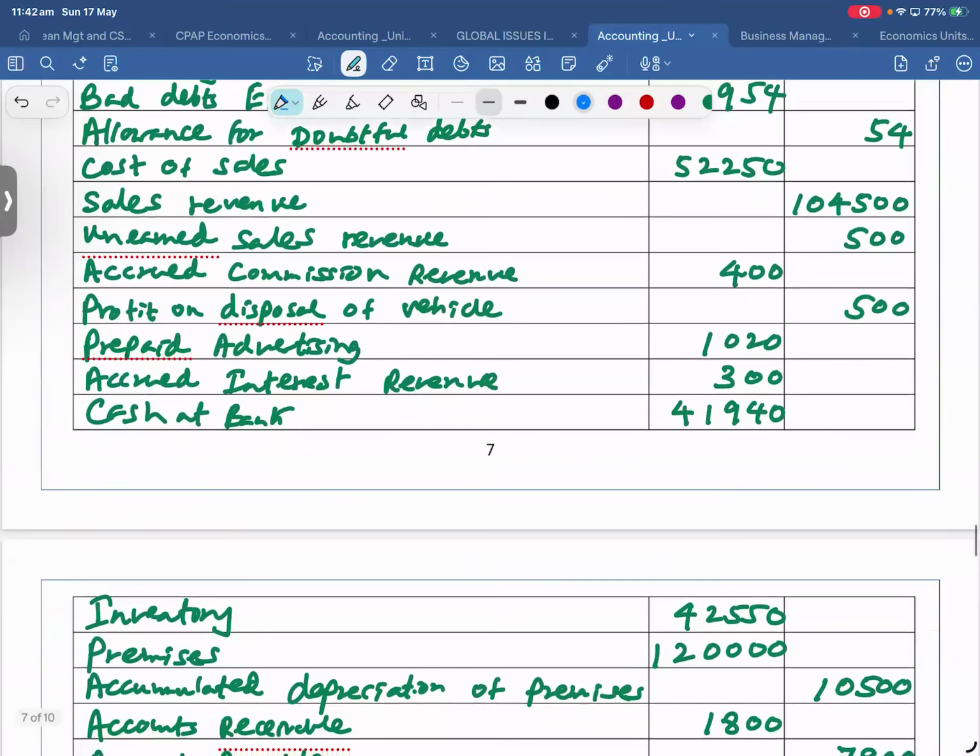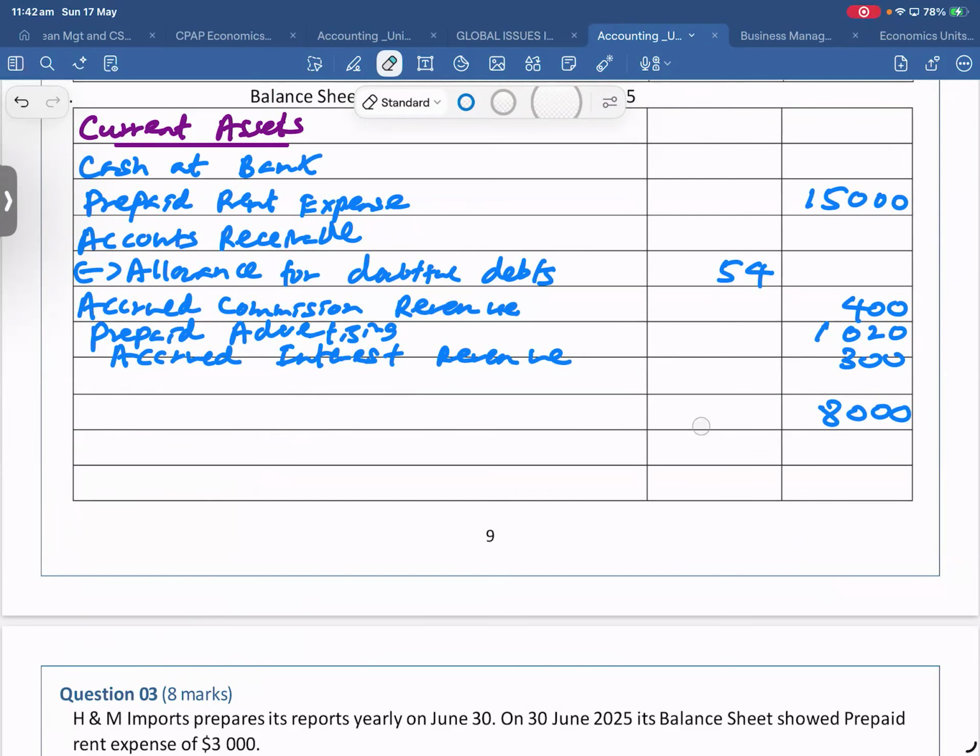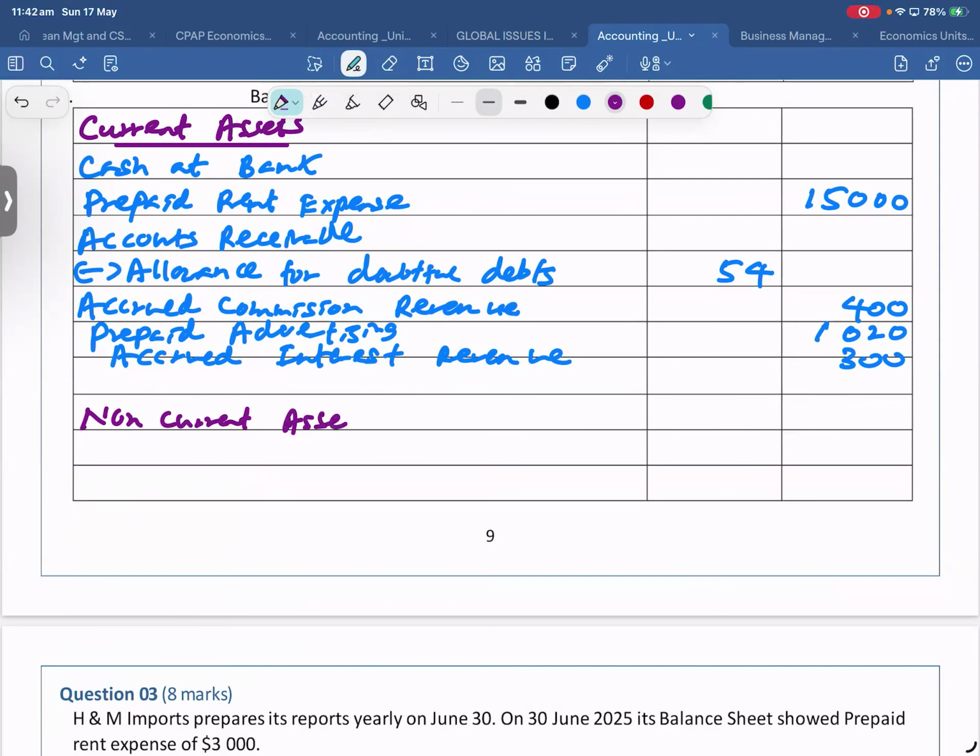I need one more space, so I'm going to rub this one out. All right, non-current assets downwards. Term deposit is 8,000.